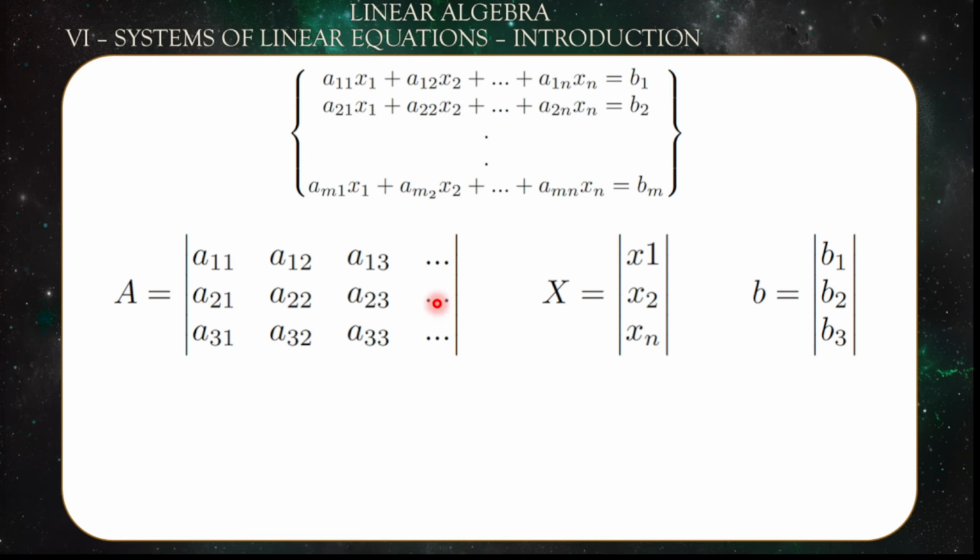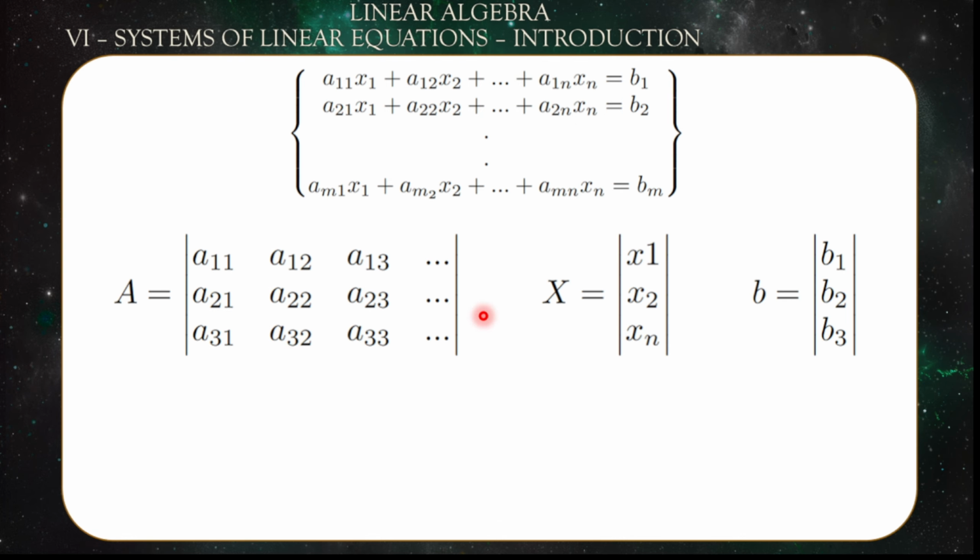So to represent this system of equations, A is equal to A11, A12, A13. The coefficients multiplying the different variables in the first equation, you set them in the first row, then those multiplying the variables in the second equation, you place them in the second row respectively, A21, A22, all the way to the last coefficient, okay?